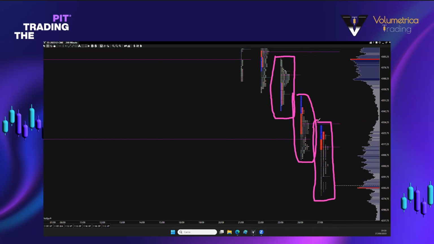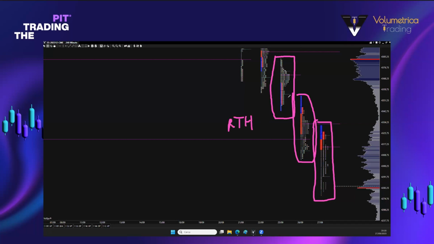Well, there are many ways to set this tool, but the setting that I prefer is filtering out what is called the RTH session.